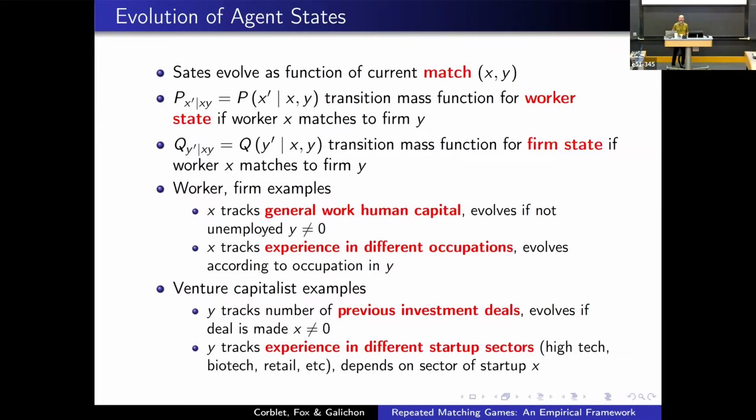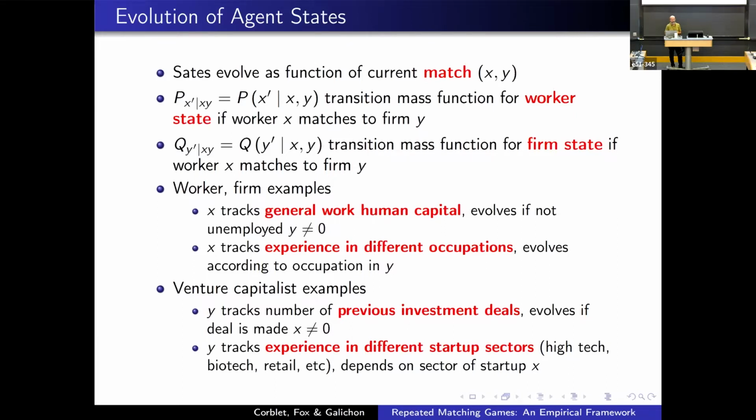It tells me the probability of being in state Y prime next period, given that I was in state Y this period and matched with worker X in the current period. So, examples of this. We have a worker who has some general human capital, and that might evolve if you are employed and not unemployed, or it could be some occupation-specific human capital that only evolves if you're matched to a firm Y that has hired you for that particular type of job.